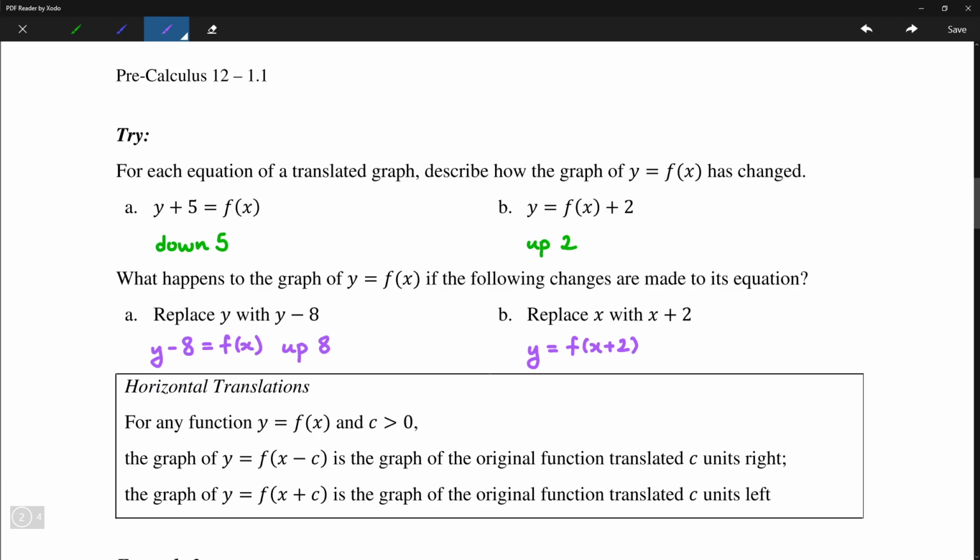It would make sense that if we replace x with x plus 2, this actually moves the graph in the negative direction as it moves left 2. Okay, so it's a little bit different.